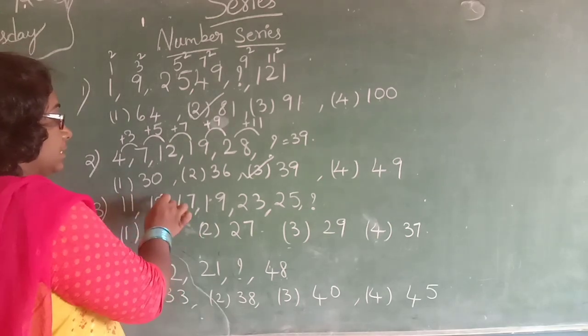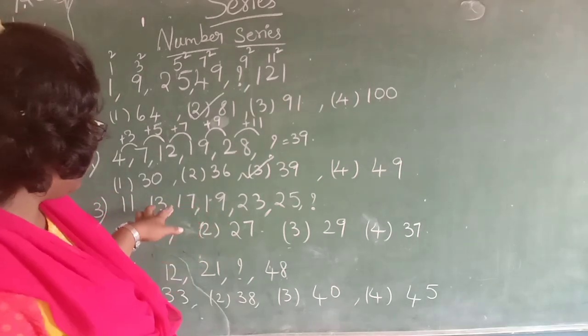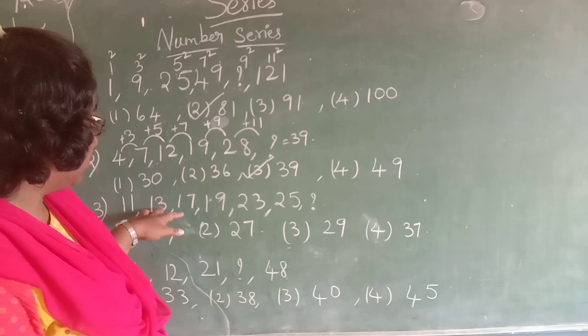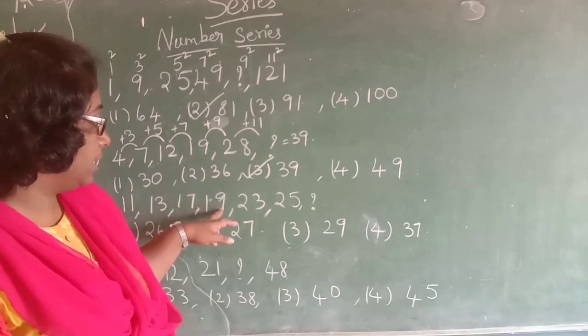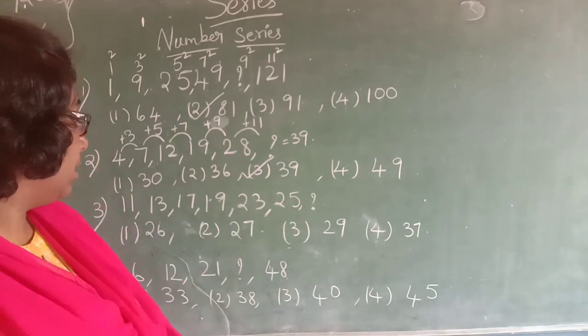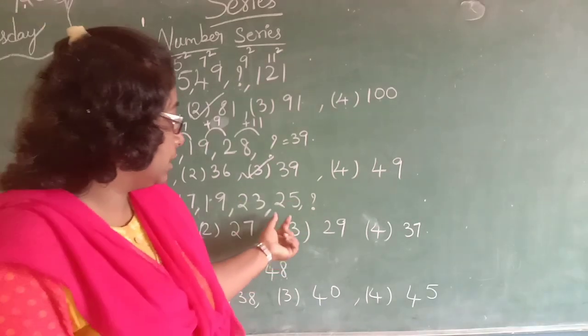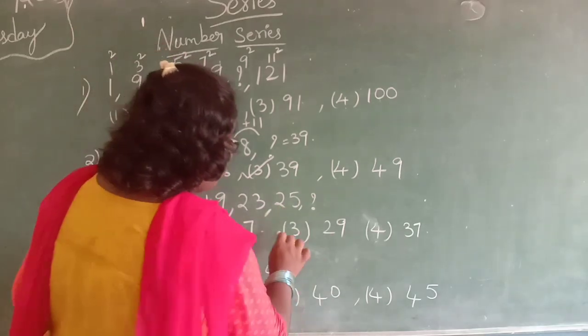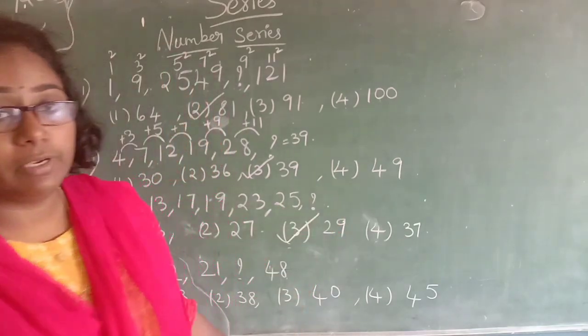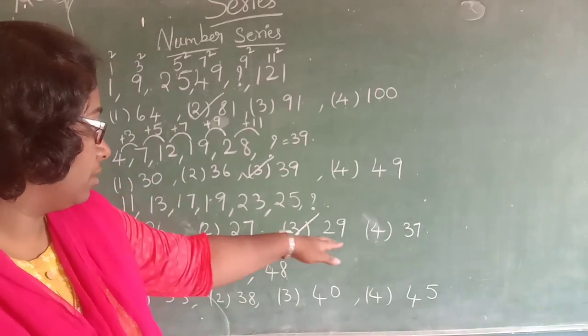That means it is skipping one alternate number. So that is 17. The next one is 19. Next is 23. Next is 25. Because here 15 is not an odd number. So after 25 it should be 29, because that is the only odd number in between them.